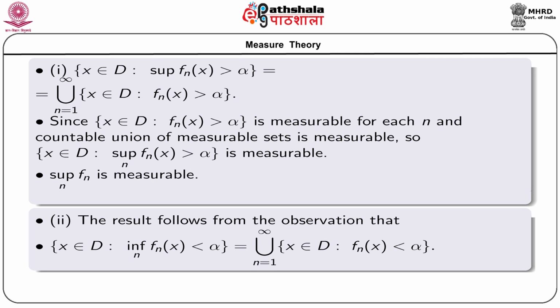See that we have more advantage than with continuous functions, because you know that if f n is a sequence of continuous functions and f n is pointwise convergent to a limit function f, then the limit function may not be continuous. But when we consider measurable functions, then we have a better result: if f n is pointwise convergent to f and each f n is measurable, then the limit function f is also measurable.